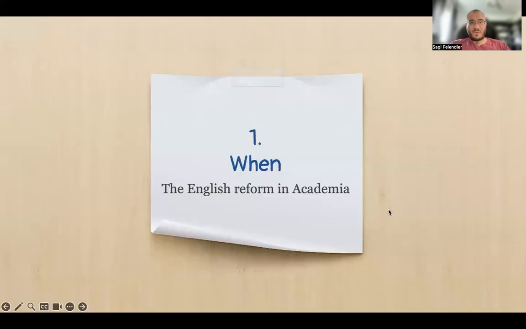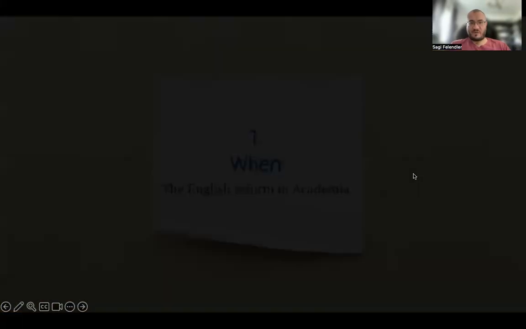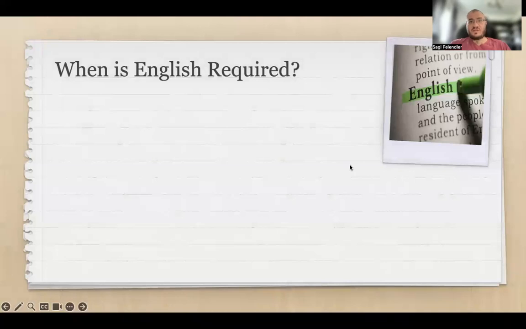So we'll start with the when and address the English reform in academia, get a sense of what this reform is all about. So just for general knowledge, the English reform in academia says that each student has to take at least one course in English from their own department.